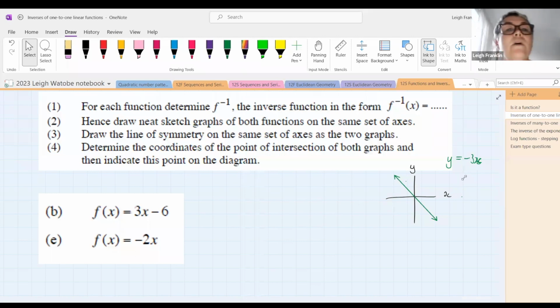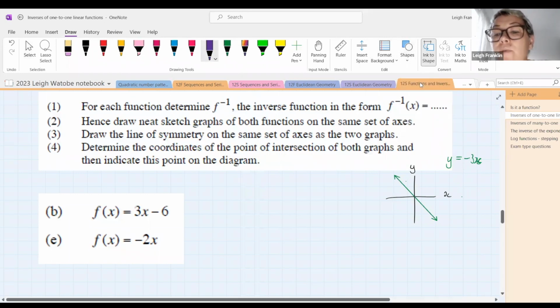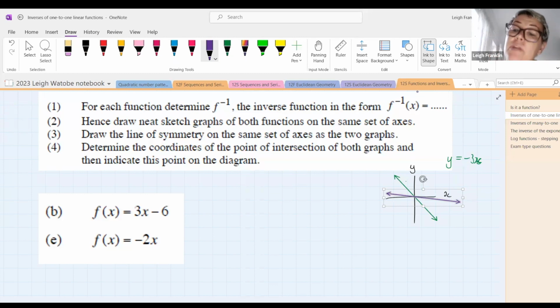The other one as well, because the gradient is shallower, I would have to make sure that it was shallower. So I would have to make sure that it looked something like that. If I did that, that would still be okay. That would be fine.